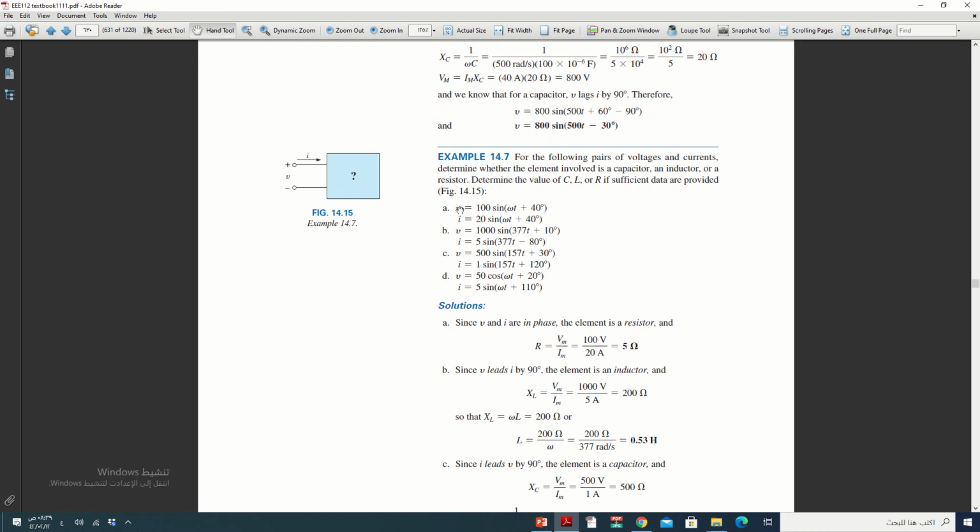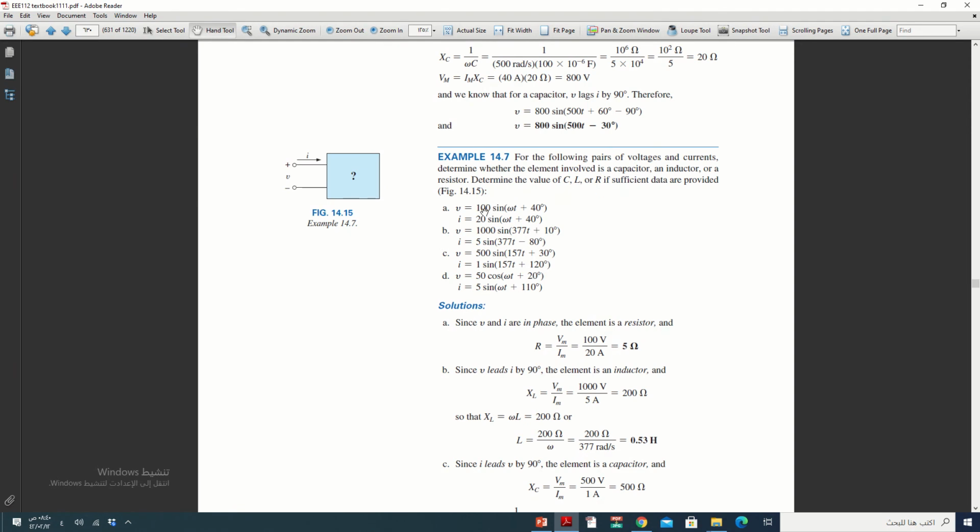This means it's given the voltage and the current, and the question needs you to decide whether this voltage and current are applied to a resistor, inductor, or capacitor. And once we find the type of element, then find XL or XC or the resistor. After that we need to find the capacitance or inductance or resistance.